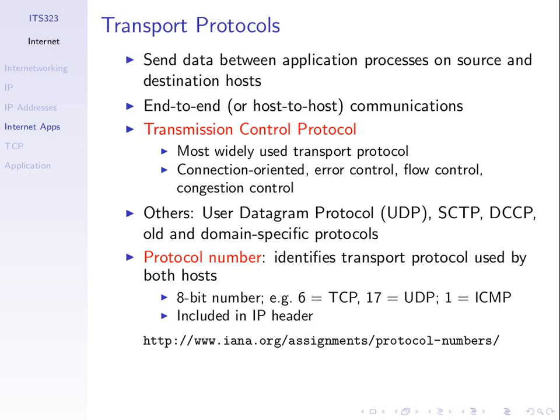Each transport protocol is given a number. So there's an organisation called the Internet Assigned Numbers Authority, IANA, who not only allocate IP addresses but also set numbers for the transport protocols. For example, TCP is the number 6, UDP is number 17, another one you may see next semester, ICMP is number 1, and there are others.